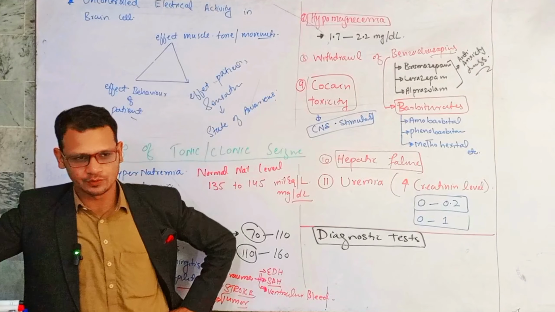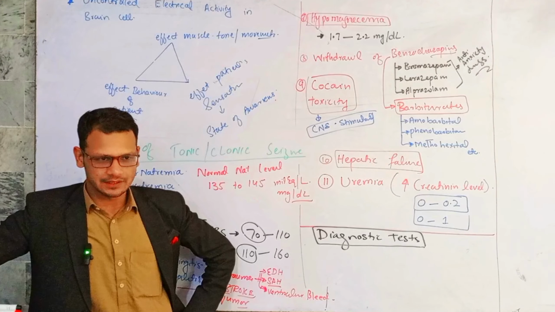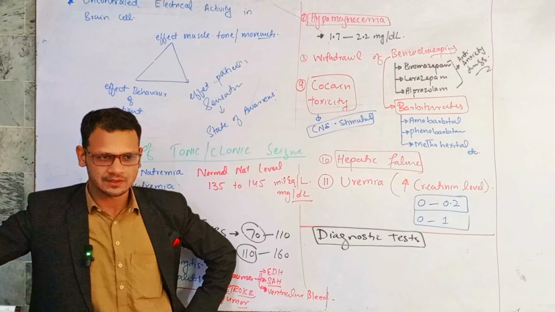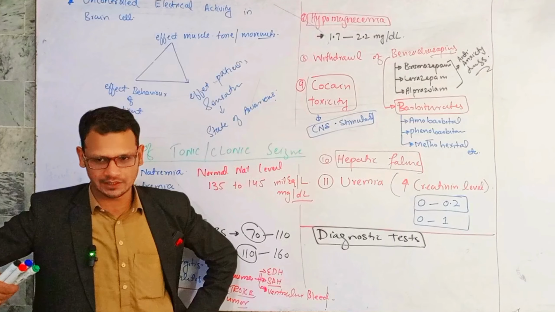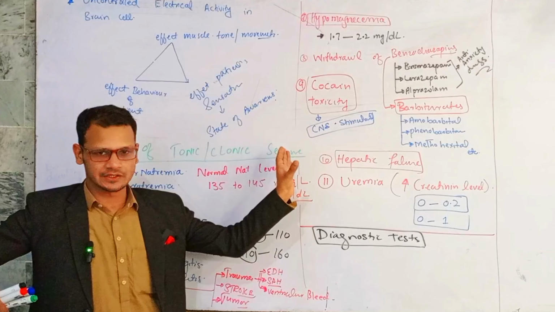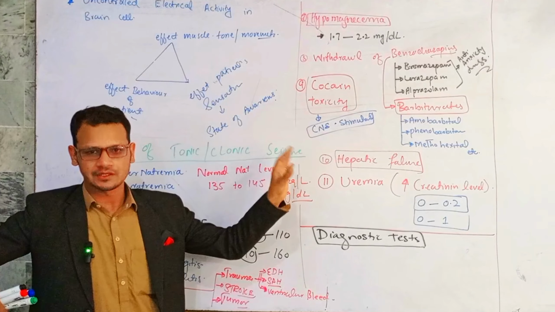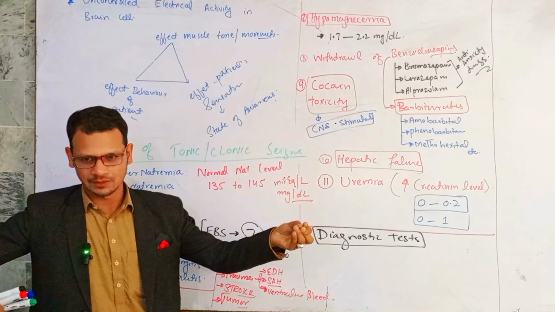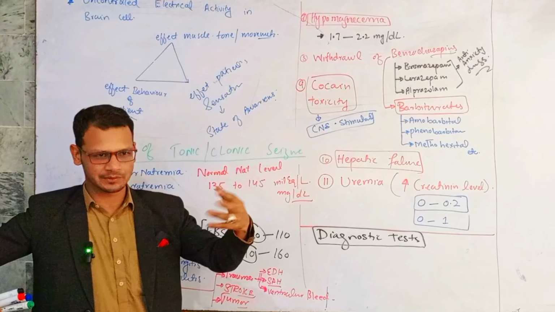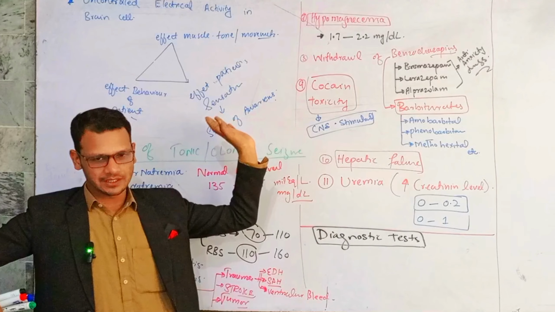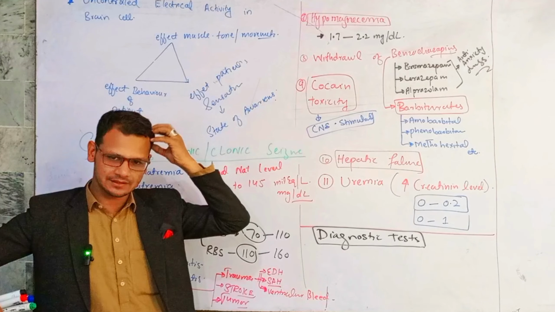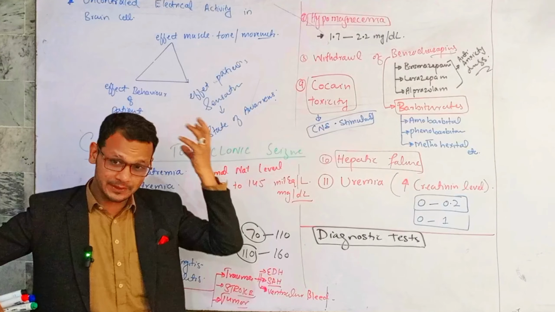Can I advise EEG? Electroencephalogram, a procedure by which we can measure the electrical activity of the brain. ECG, what is ECG? By ECG we are measuring the electrical activity of the heart. By EEG we are measuring the electrical activity of the brain.